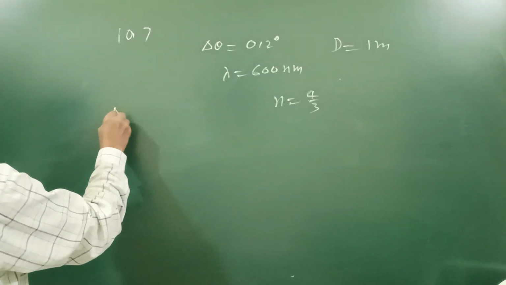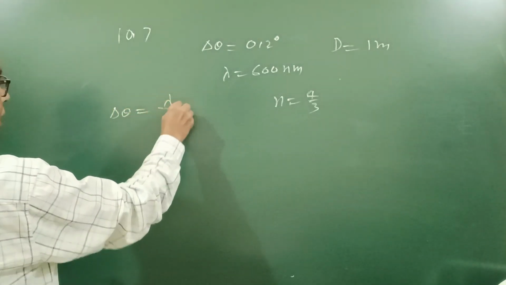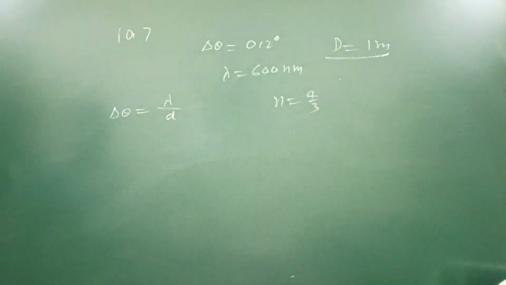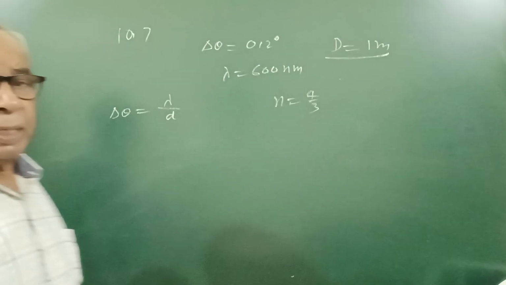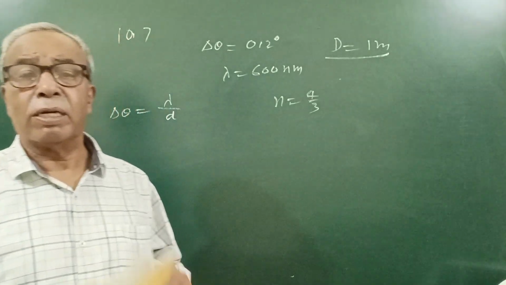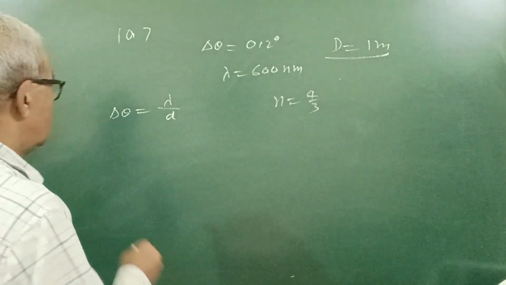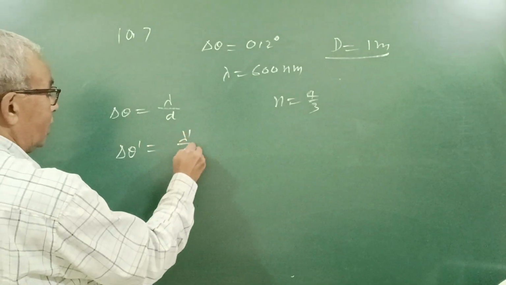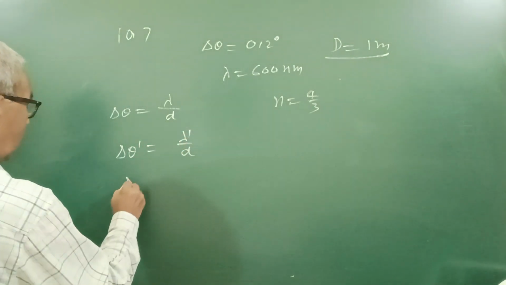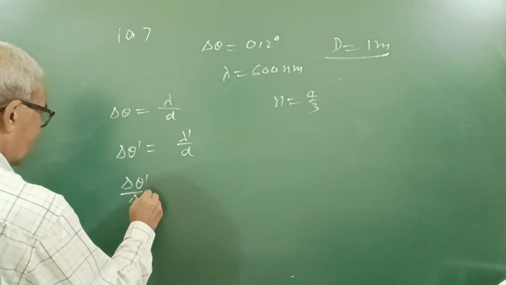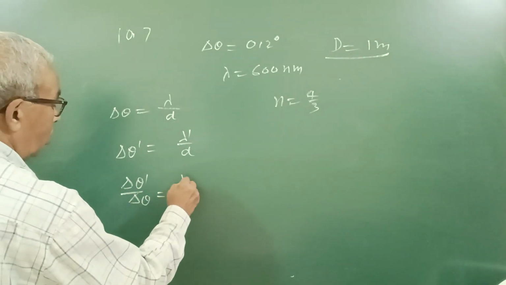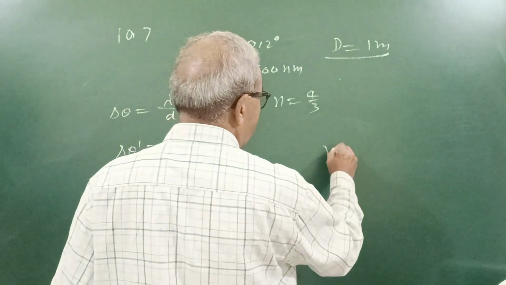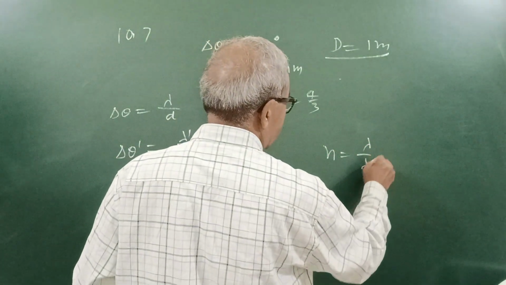You know delta theta equal to lambda by d. This D has no meaning here. So when apparatus is immersed in water, wavelength of light will change to lambda dash, delta theta dash equal to lambda dash by d. So delta theta dash upon delta theta is equal to lambda dash upon lambda. And refractive index n equal to lambda upon lambda dash.